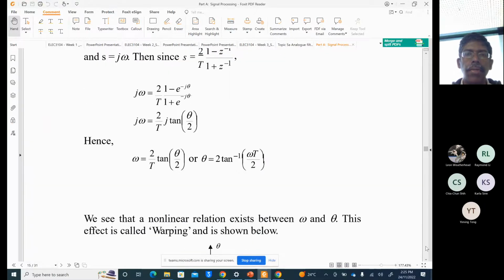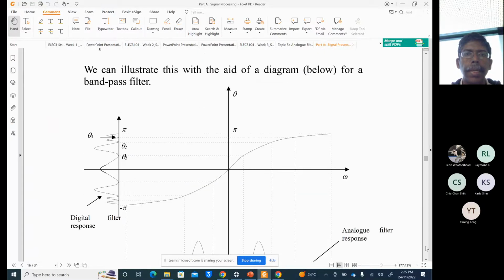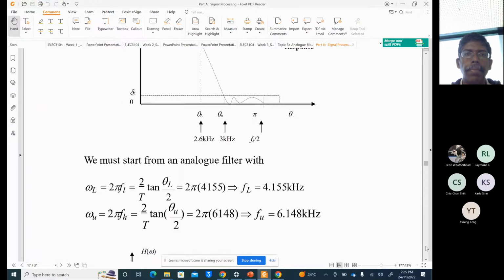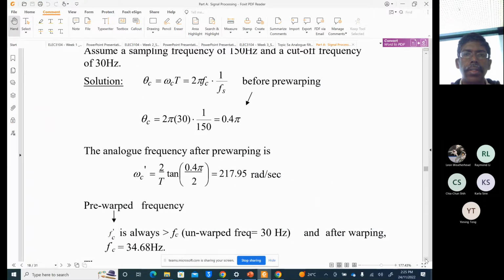There are warping equations and pre-warping equations. So this is the pre-warping frequency.